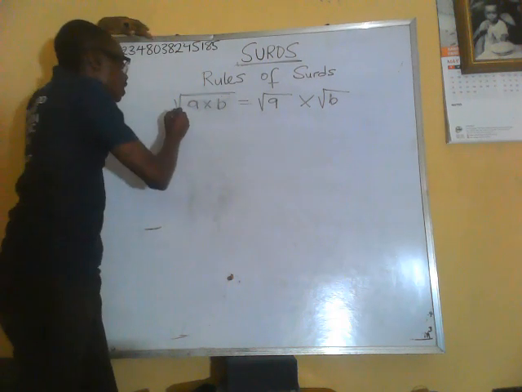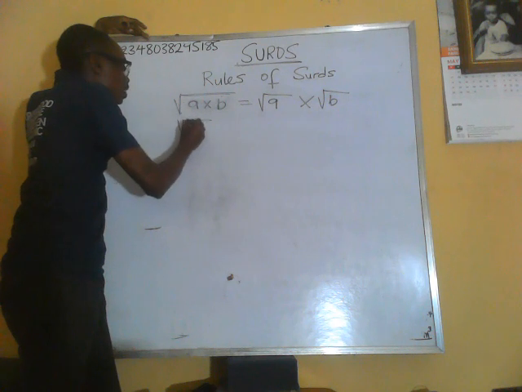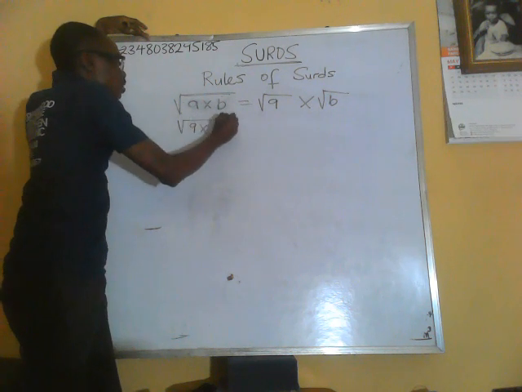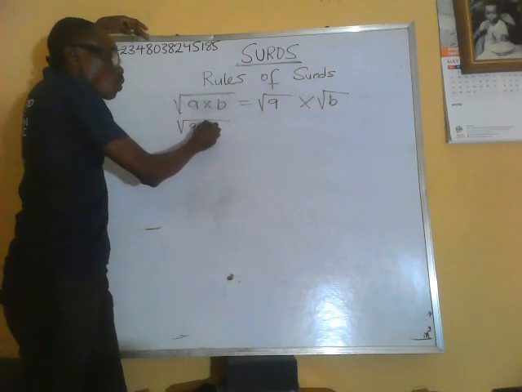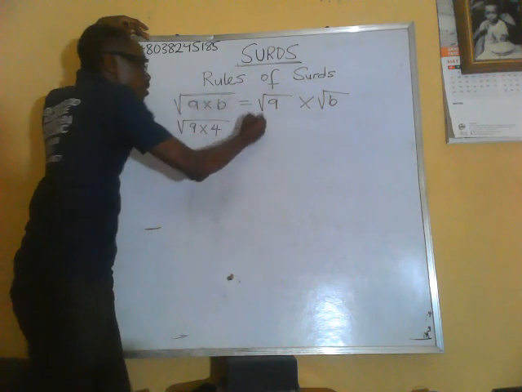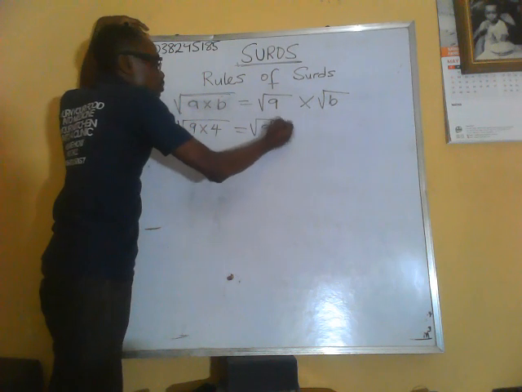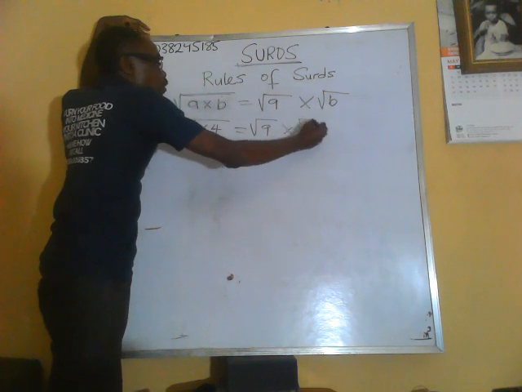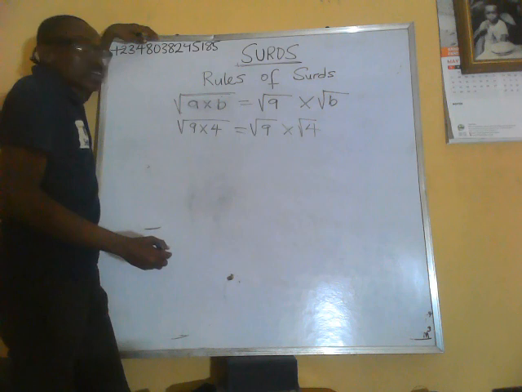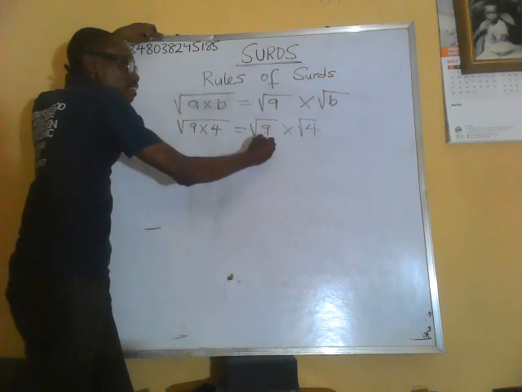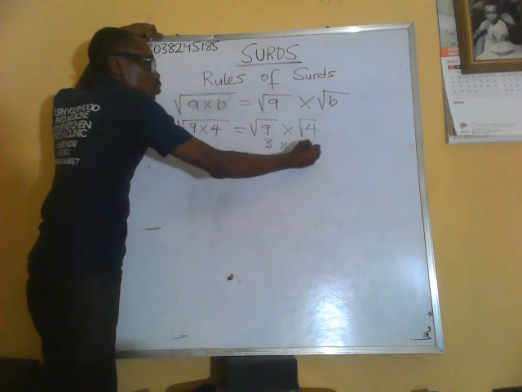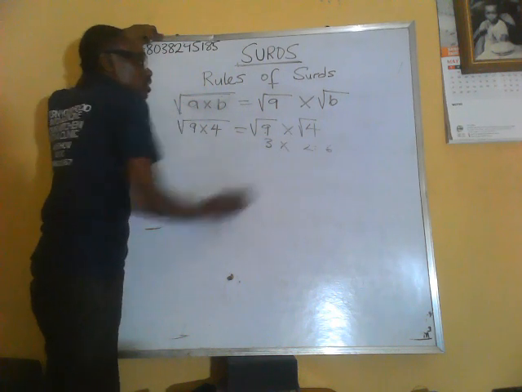For instance, if you have root of 9 times 4, you can separate it as root 9 times root 4. This gives you 3 times 2, which is 6 at the end of the day.